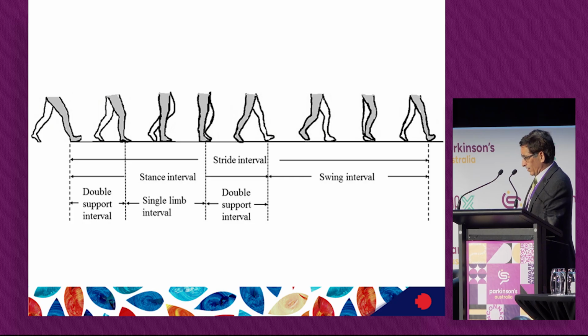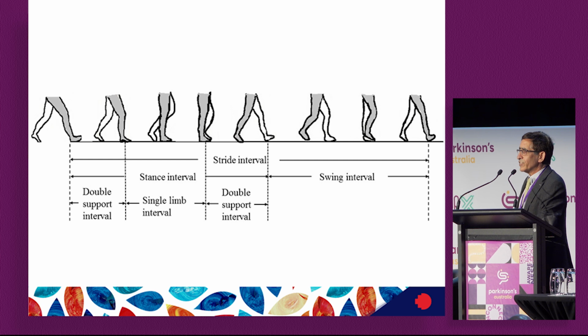So again, describing the gait analysis, what I mentioned in the previous slide. The EMG of gait analysis has been a useful measure. Again, it is not something which is meant for taking away home and doing the assessment.